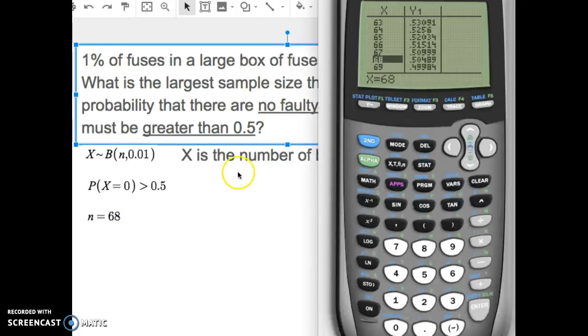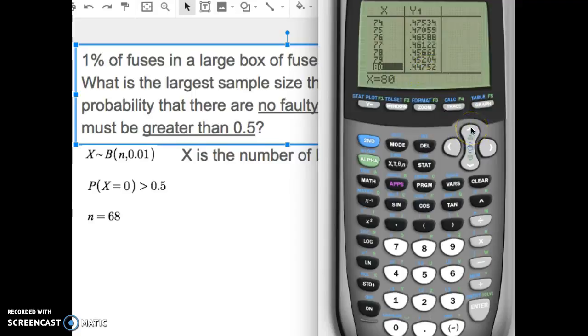So what does that mean? Right now the answer is 68, but if I open up 69, or if I open up more boxes, let's say 80, you can see that the probability for me to get no faulty fuse drops.